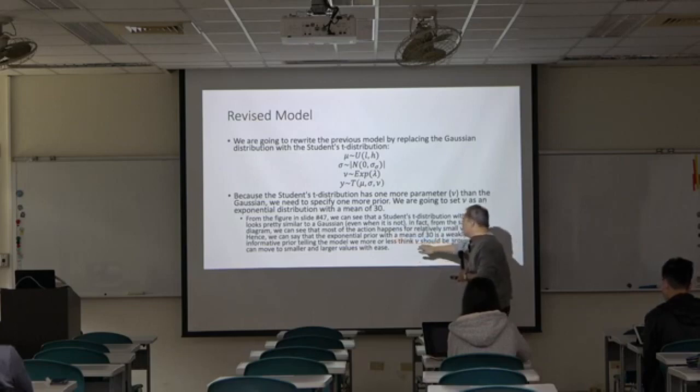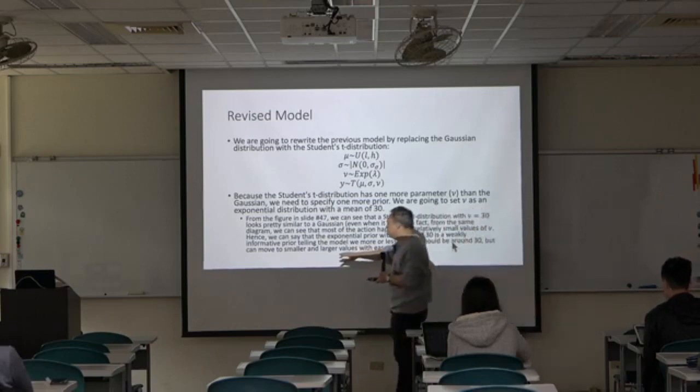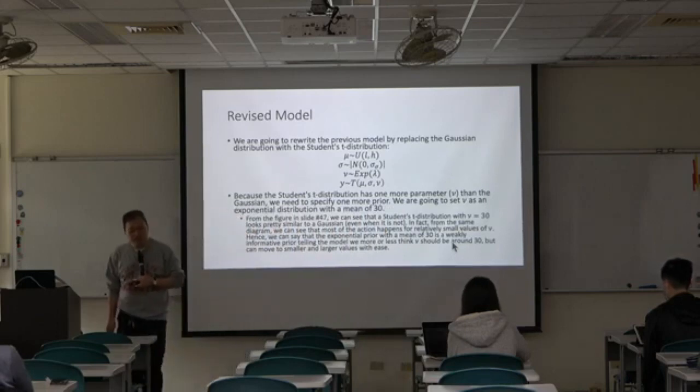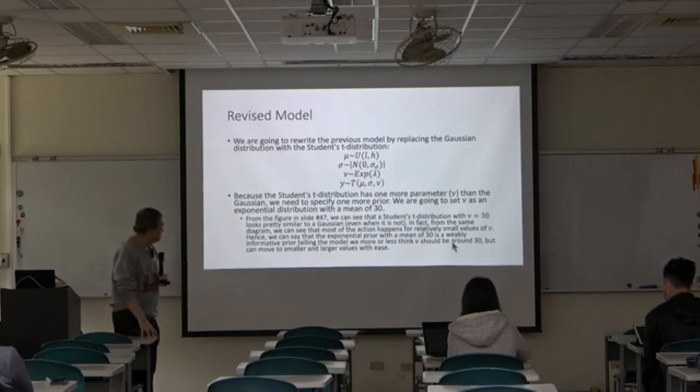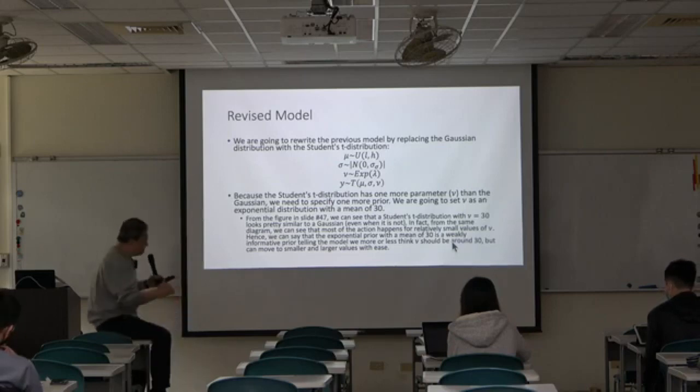We more or less think v should be around 30. In other words, the model should be a little close to the normal distribution, but we can move to smaller and larger values easily, because the exponential distribution is very weak and not concentrated on 30 that much.